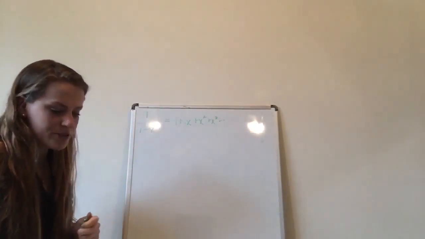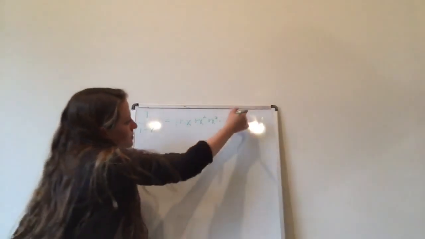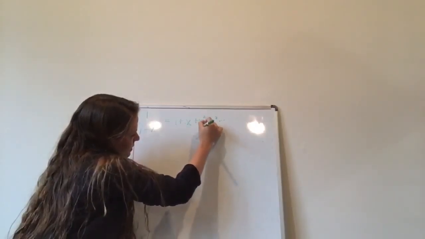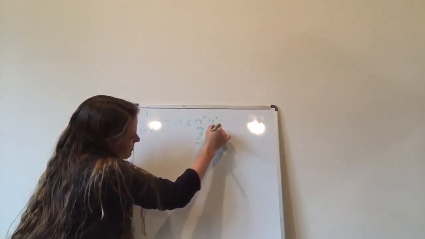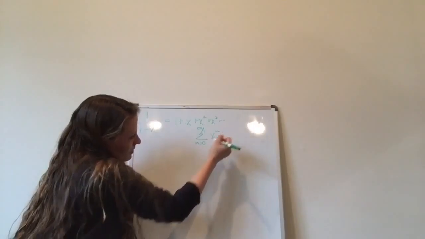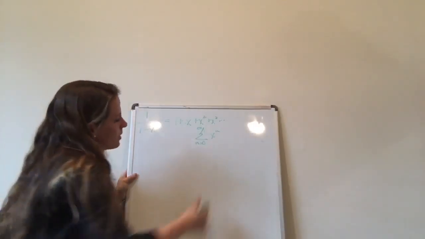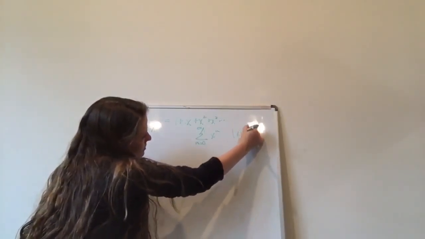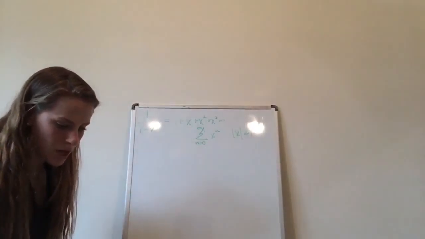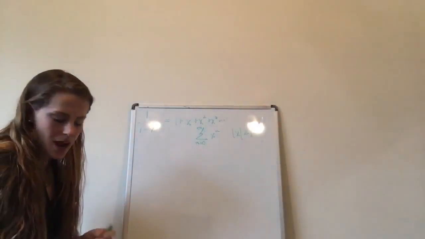After you find the common form, you get the sum from 0 to infinity of x to the n, for all |x| less than 1. All right, so that's your first one.